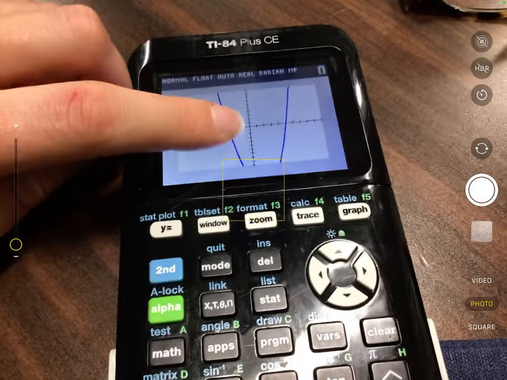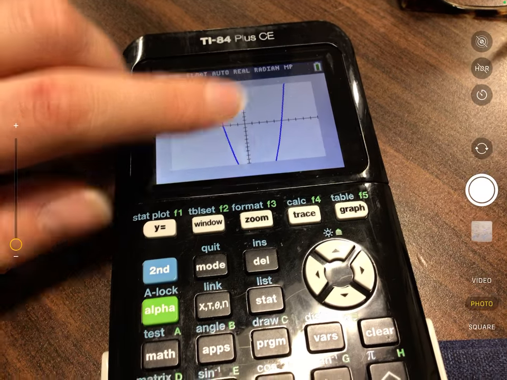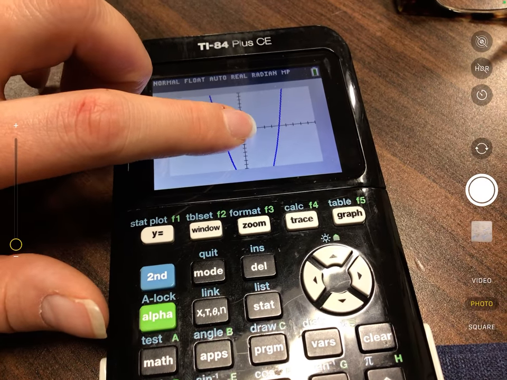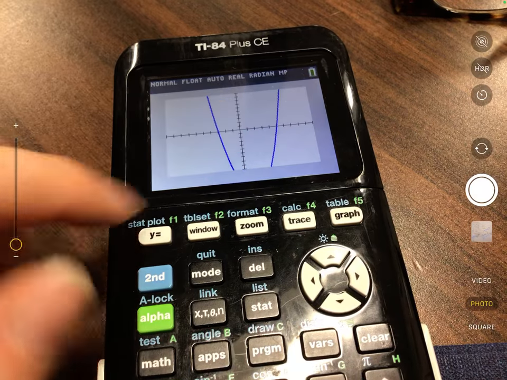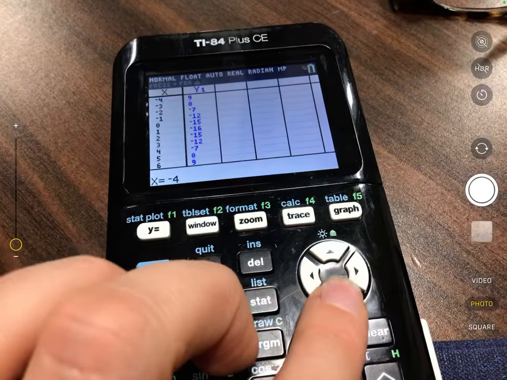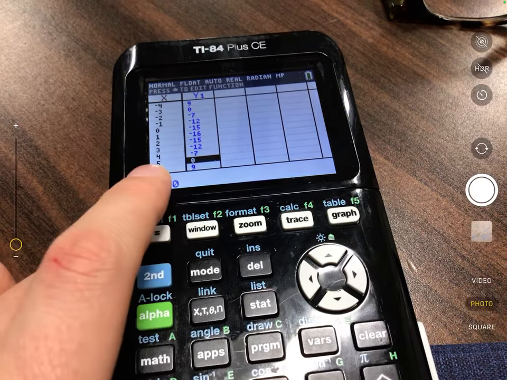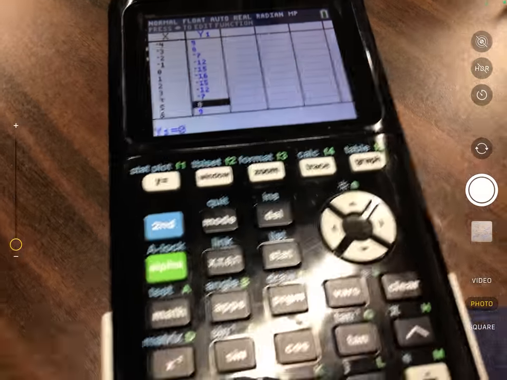So notice here over on the left it crosses at -1, 2, 3, so -3. And on the right it crosses 1, 2, 3, 4, 5. If you have a hard time seeing those points, you can always look at your second graph, which will give you a table of values, and you're looking for when y is 0. So notice that it is at 5 and at -3.